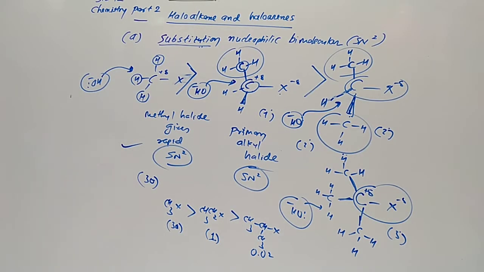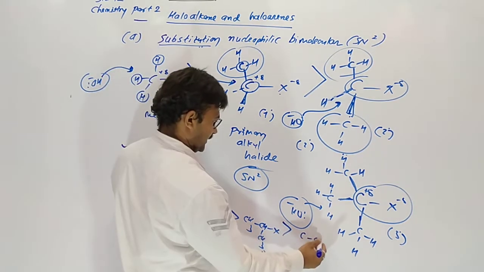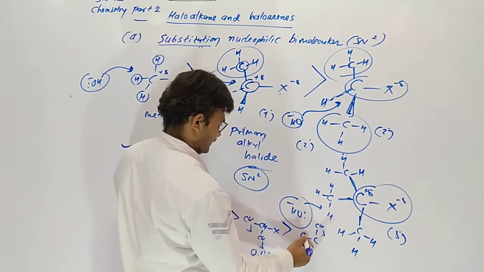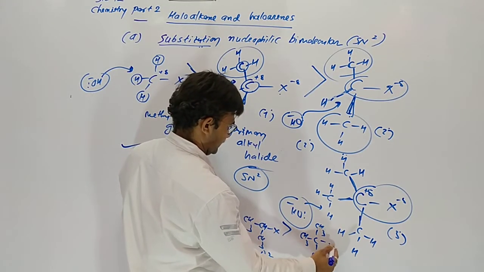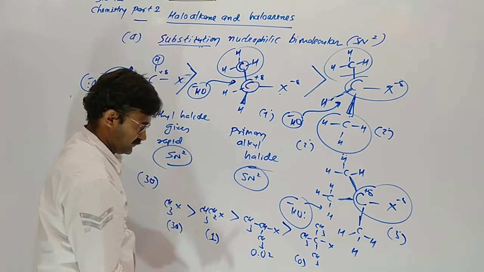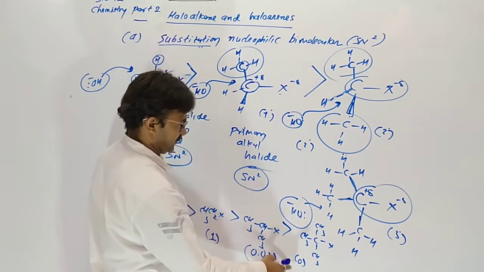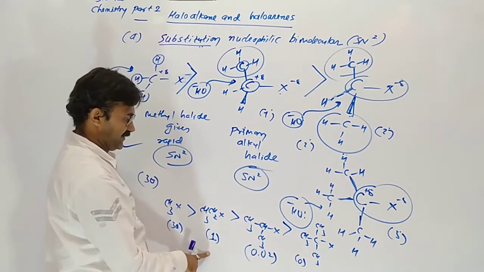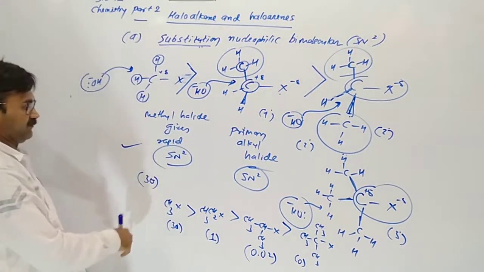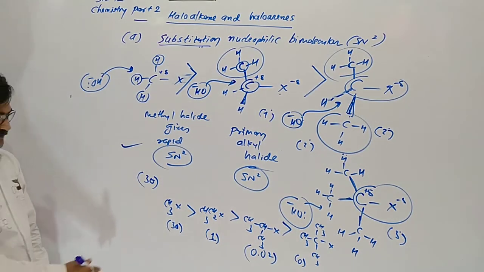Now in the tertiary, the speed of SN2 reaction is zero. In tertiary, the halogen containing carbon is attached with another three. Tertiary speed is 0, and then 0.02, then 1, then 30 times more. This is the speed of SN2.